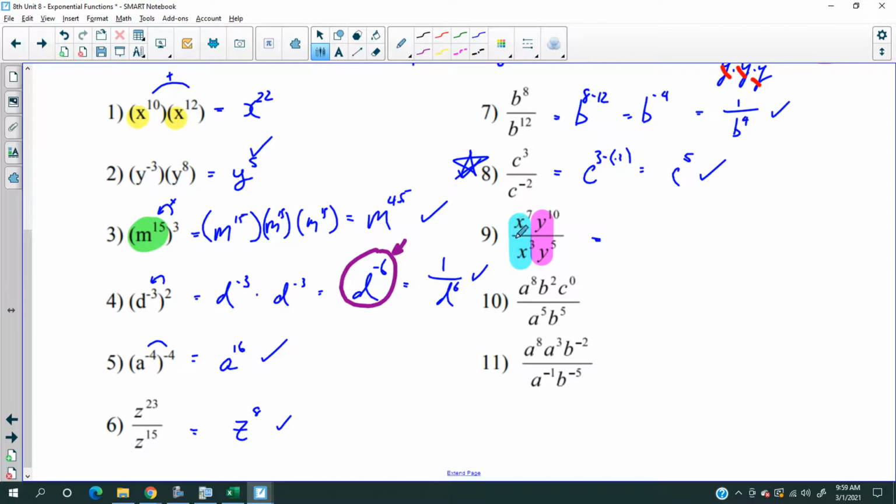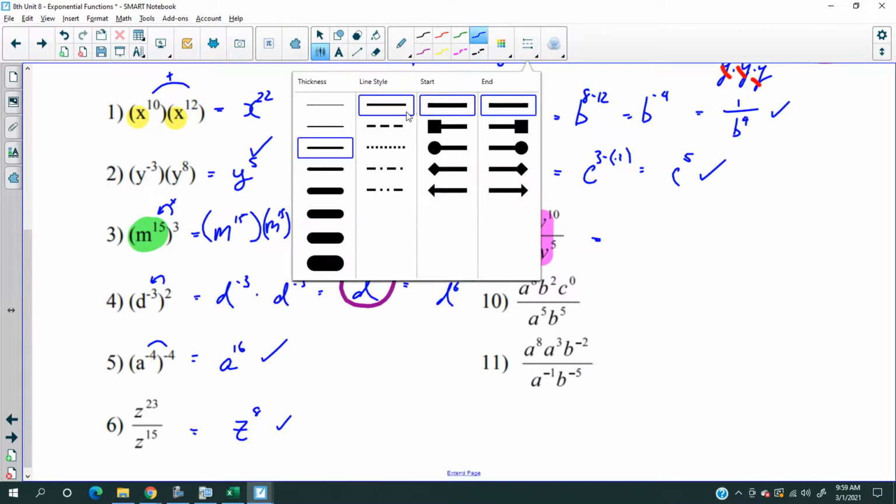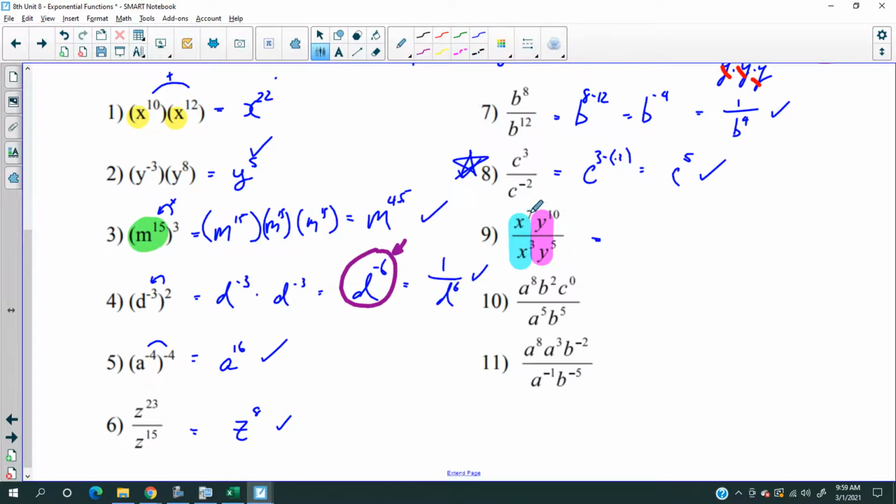All right, so here I'm just going to focus on first things first, which is this, right? X to the 7th over X to the 3rd is what? X to the what? Yep, X to the 4th, right? And then Y to the 10th power over Y to the 5th, 10 minus 5 is 5. So in other words, 7 minus 3, that's this 4, 10 minus 5, that's this 5. Okay, just like that, all right?